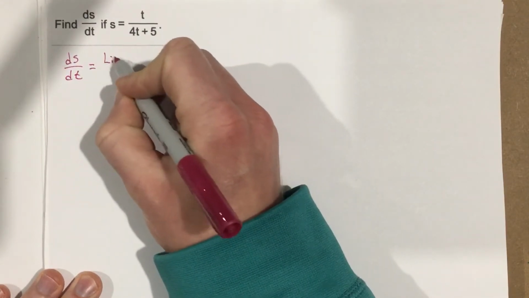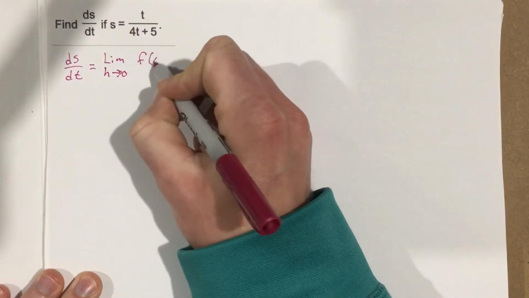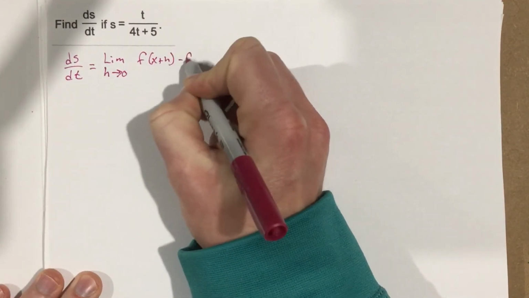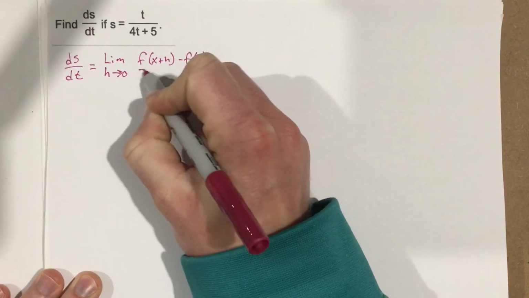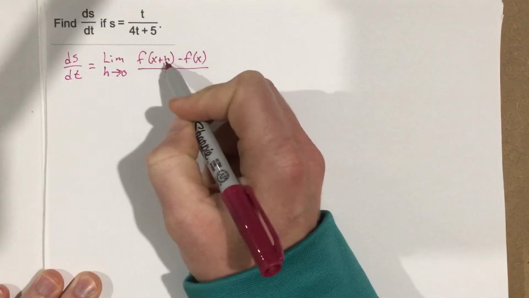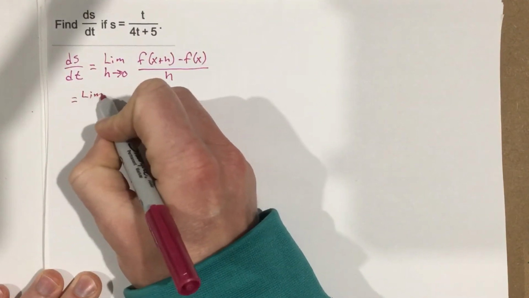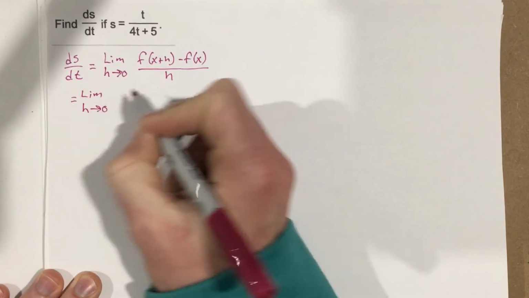using the definition, which is limit as h approaches 0, f of x plus h minus f of x all over h. So we're going to start plugging in x plus h into the function, and we end up with limit as h approaches 0.